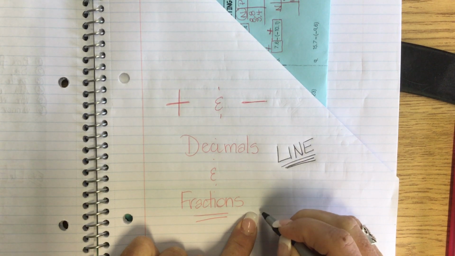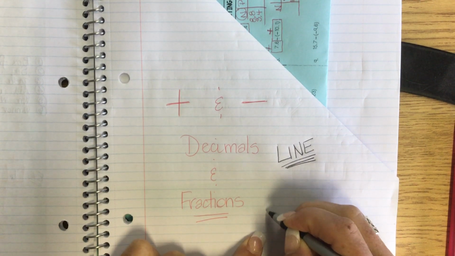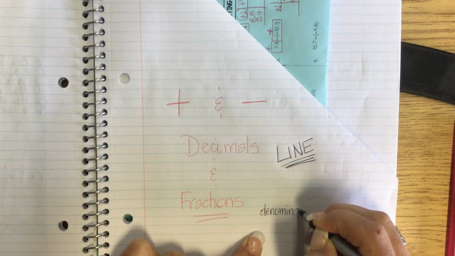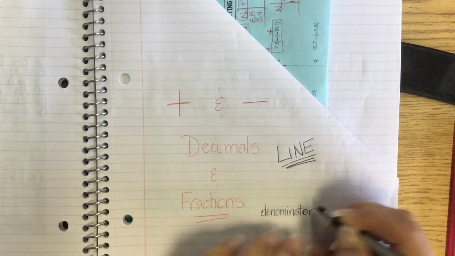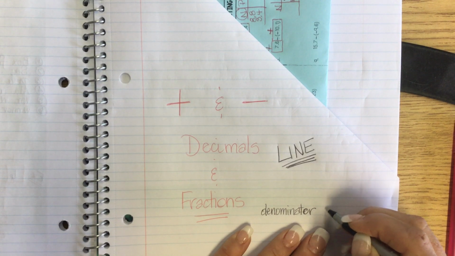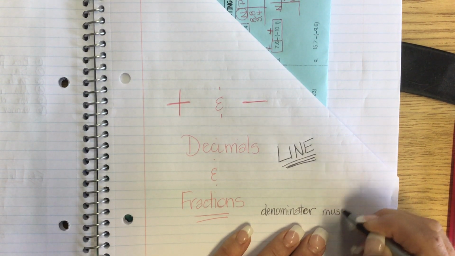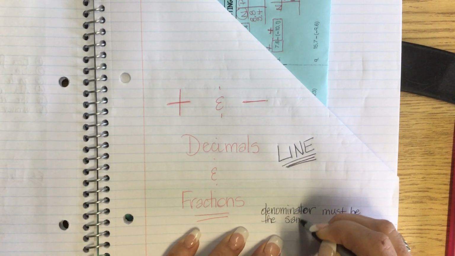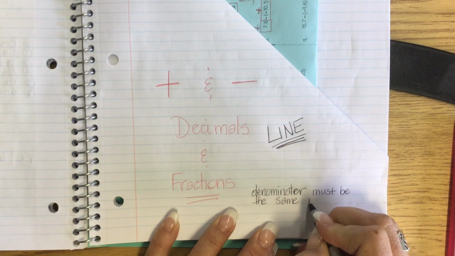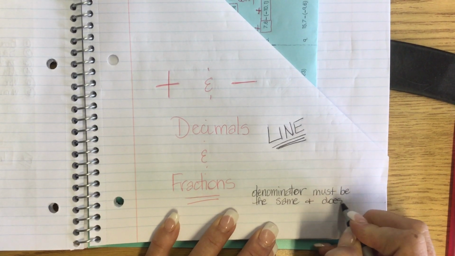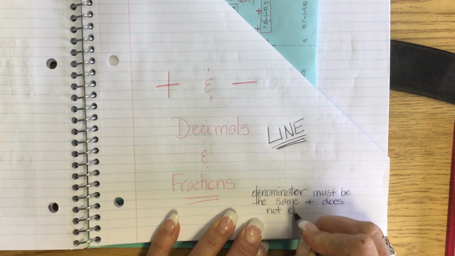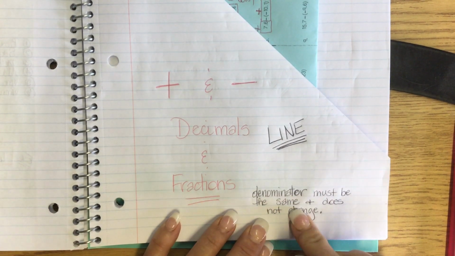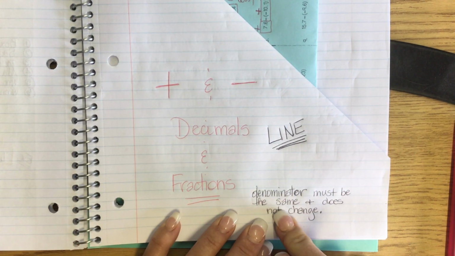Fractions, denominator, must be the same and does not change. Only the numerator changes when we're adding and subtracting fractions.